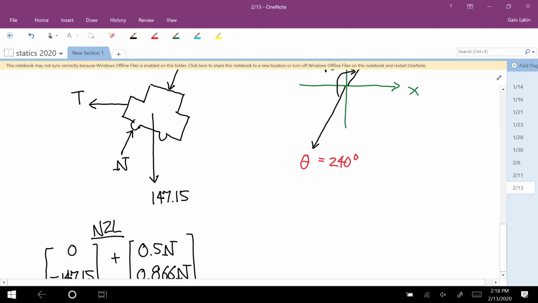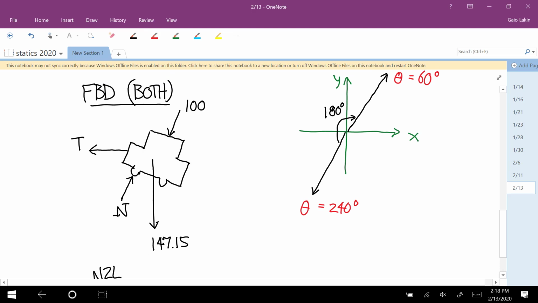That's the normal force here. I got that from, we already knew this was 240, so the exact opposite is 180 from there, or you can just switch the signs. Either way of thinking about it is fine.